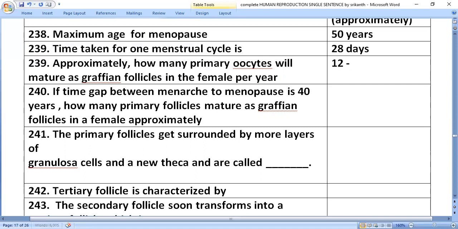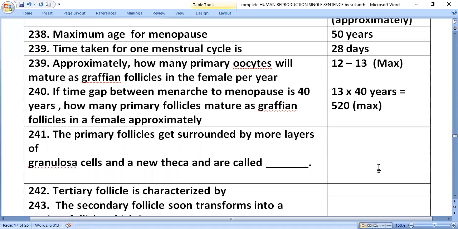Maximum 12 to 13. If the gap between menarche and menopause is 40 years, how many primary follicles mature as Graafian follicles in a female? With 13 per year over 40 years, that is nearly 520 at most.